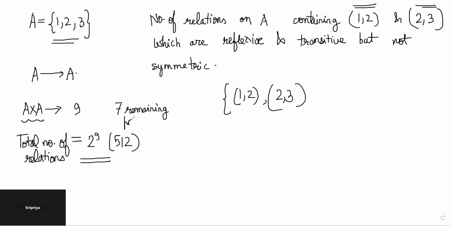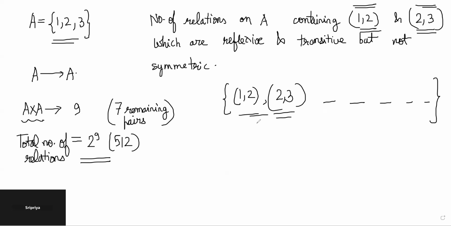Do you understand what I'm saying? So how many possible relations are there now? They've given us the condition that it has to be reflexive and so on, but we are not talking about those conditions right now. Right now, how many more ordered pairs can be added if we know that 1 comma 2 and 2 comma 3 are there?